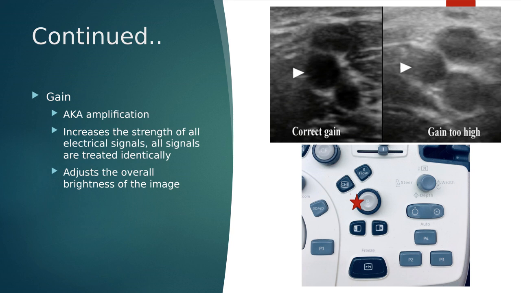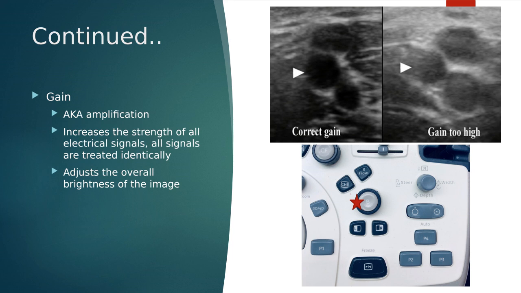Okay? And as we learn about specific pictures and organs that we have to evaluate, we'll learn about what is an appropriate gain level for specific areas. So this picture here on the side, it's a nice representation of showing what the correct level gain should be on the left side versus when it's a little bit too high, it's a little too bright.